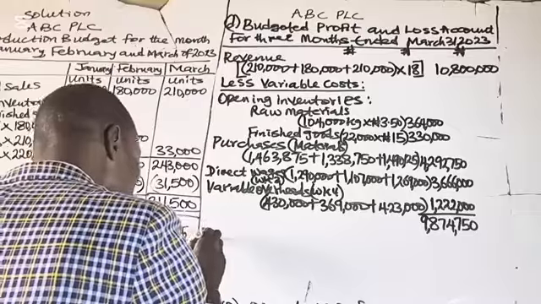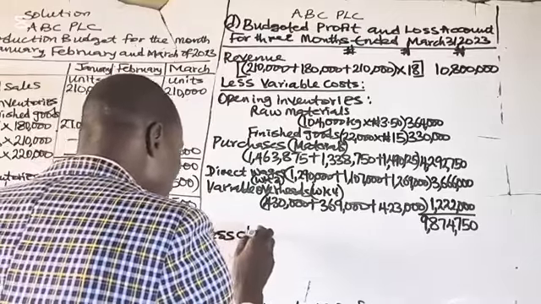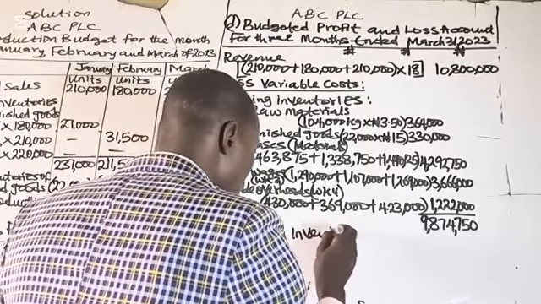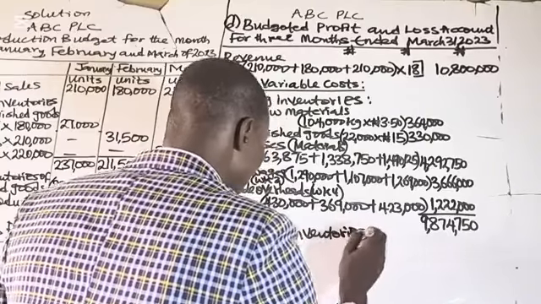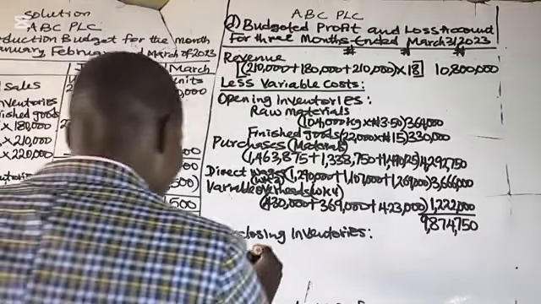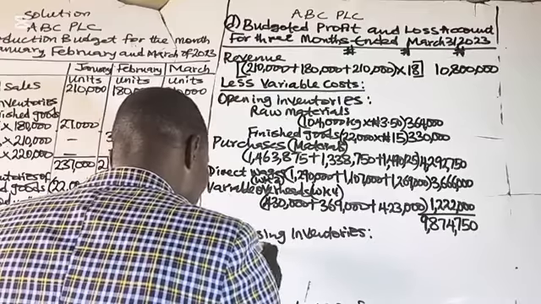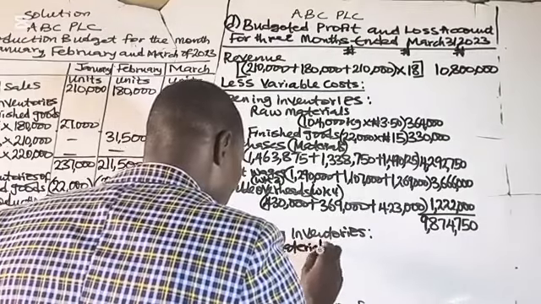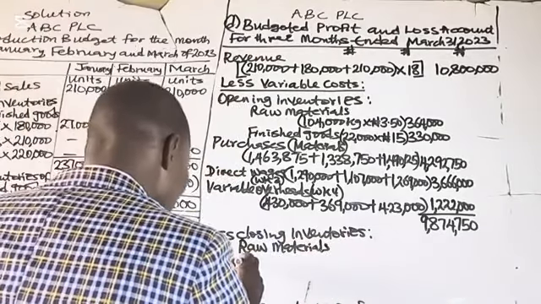So we now less our closing inventories, which is equally divided into two. The closing inventories of raw materials and the closing inventories of finished goods.